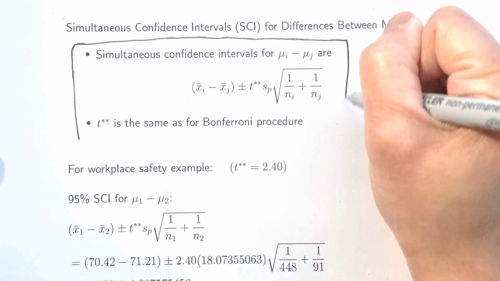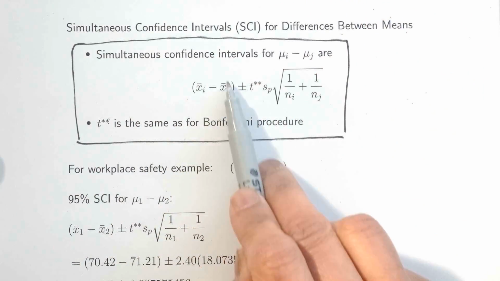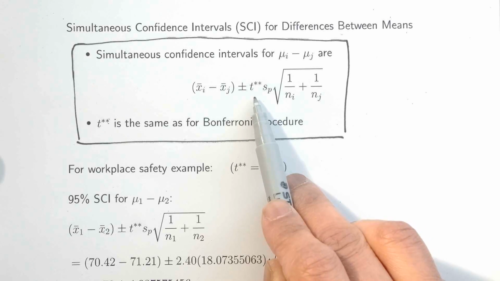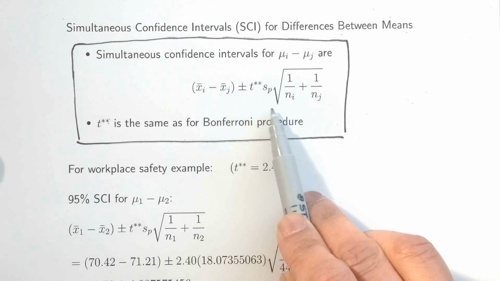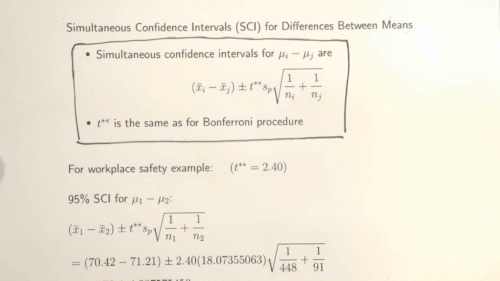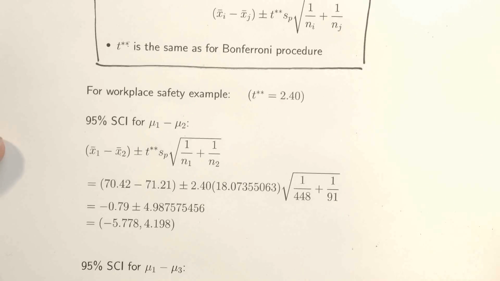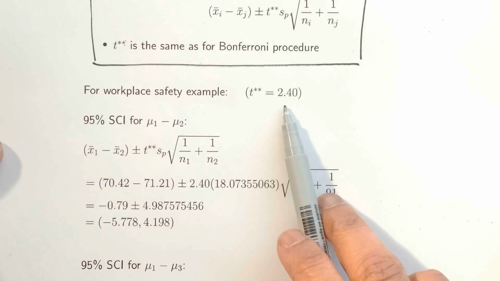So here is how we calculate them. We look at the estimate of the difference plus or minus that critical value times the standard error of the difference. Okay? And for the workplace safety example, we found our T** to be 2.40.